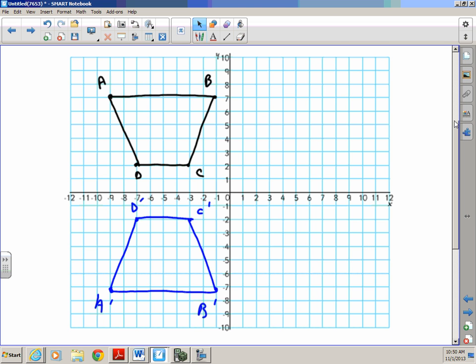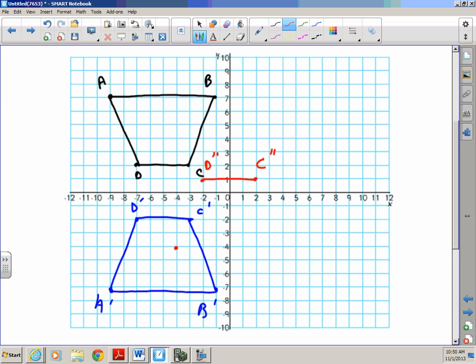Then I want to translate it by using the rule x plus 5, y plus 3. So how does that go? 1, 2, 3, 4, 5. 1, 2, 3. There is D double prime. 1, 2, 3, 4, 5. 1, 2, 3. C double prime. For A, 1, 2, 3, 4, 5. 1, 2, 3.